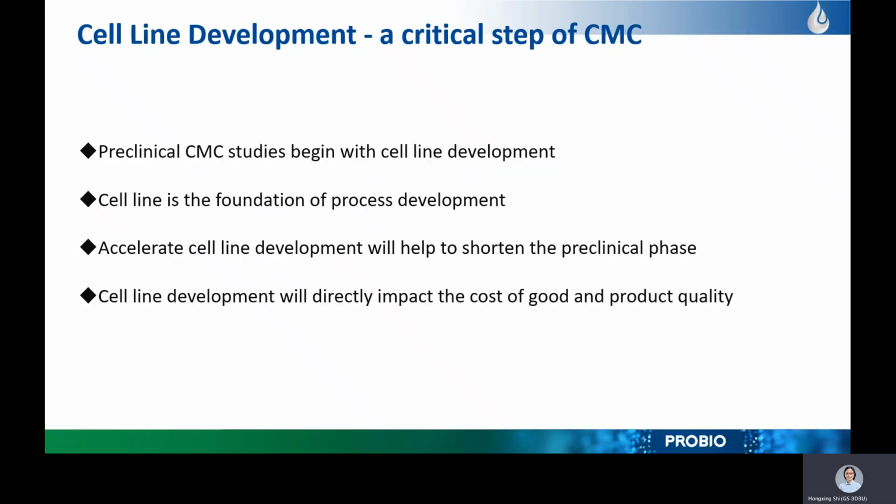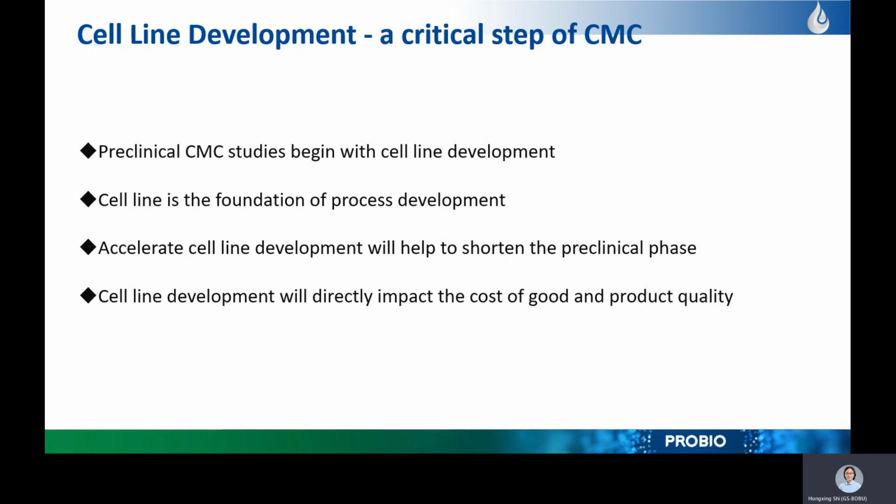Cell line development plays a key role in the development of biologics. Cell line screening is the initial stage of CMC study. All process development work needs to rely on the development process of cell lines. The quality performance in the cell line development stage will determine the difficulty of process development and the development strategy.